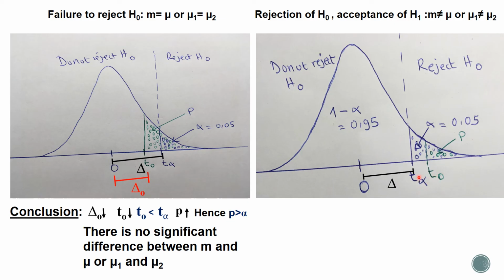And when it's superior to this, remember I said the observed statistic is inversely proportional to the p-value. When it's superior, it means when it increases, what happens? The p-value decreases. And what it means is that when the p-value decreases, we have a lesser probability of the observed difference being due to a random sample error. We have a lesser probability.